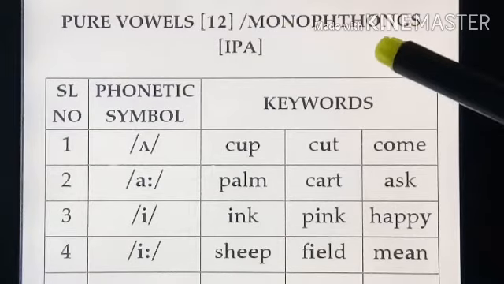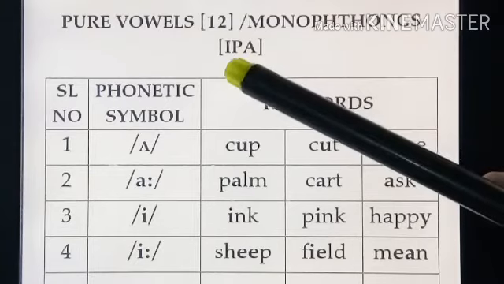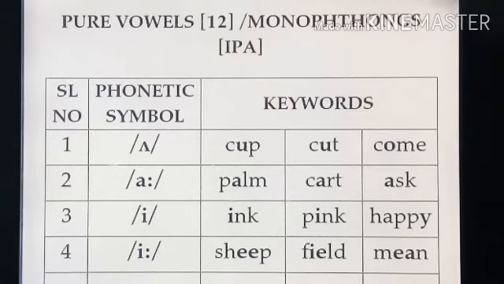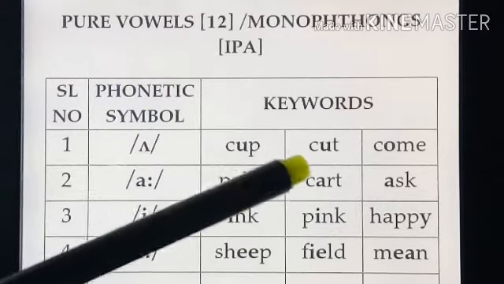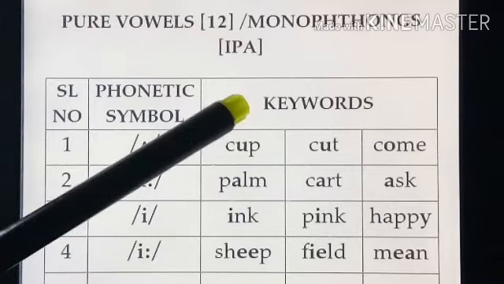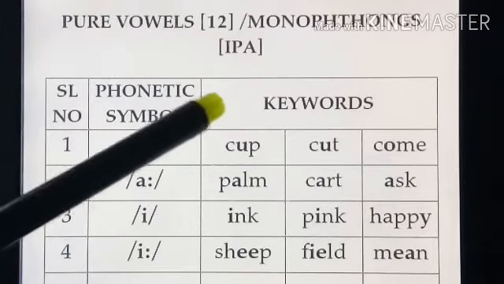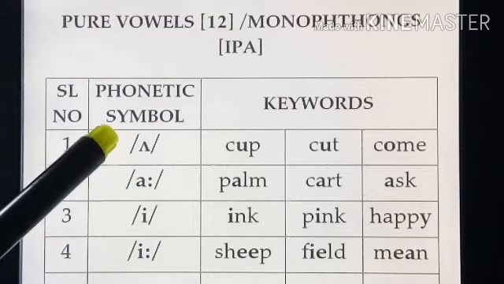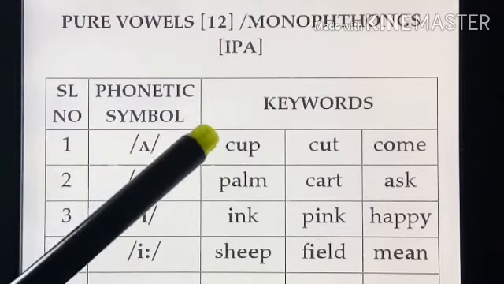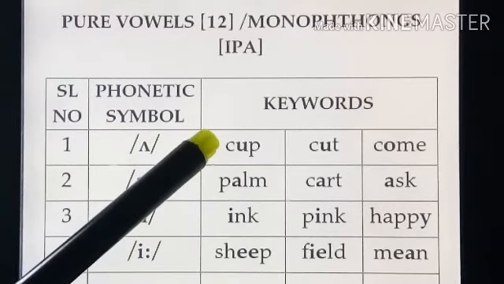Here a phonetic symbol is given, and next here we have three words which are called keywords. A keyword always explains the sound of this symbol. In isolation we can't learn the sounds of the symbols. So if you learn with the help of a word which is known as a keyword, we can easily remember that.